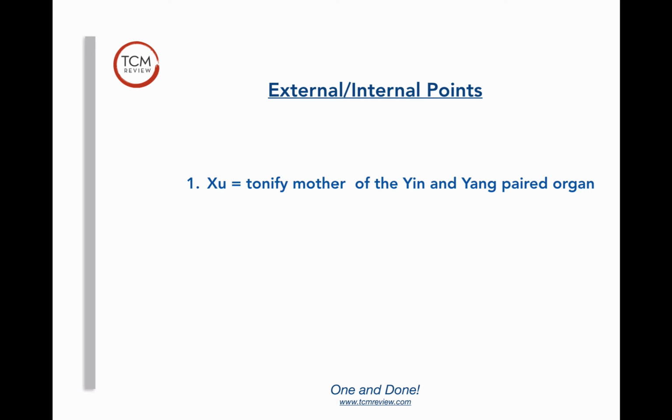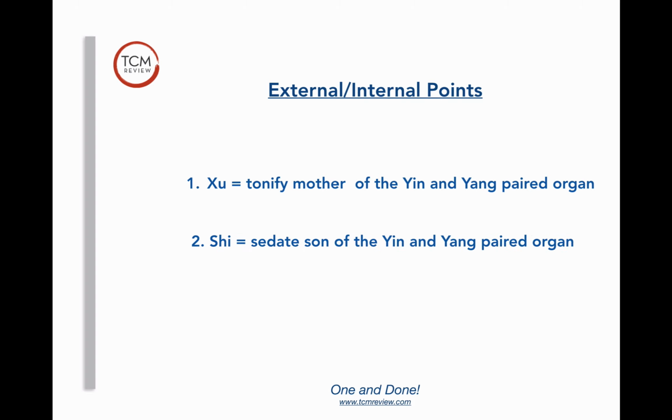So when we have deficiency, we can tonify the mother of the organ that's affected, or we can tonify the mother of the yin-yang paired organ. So let's say the lungs are affected. If the lungs have deficiency, we could tonify the mother of the lungs, or we could tonify the mother of the large intestine. Make sense? They're both metal organs.